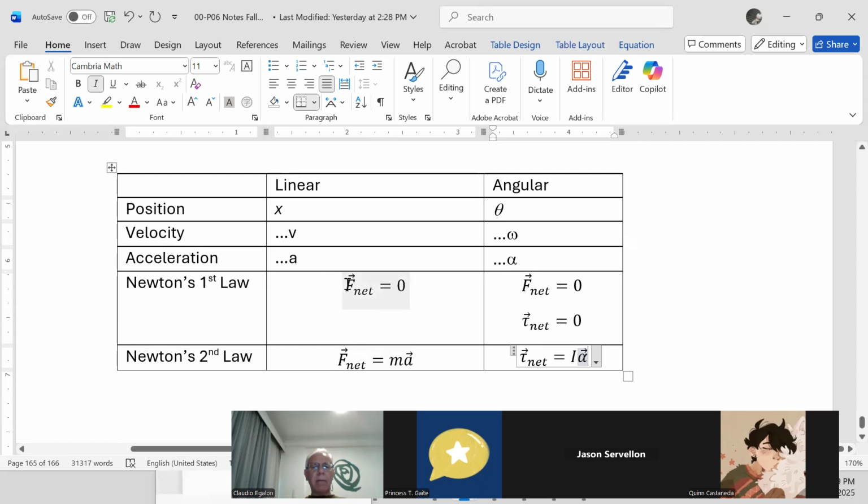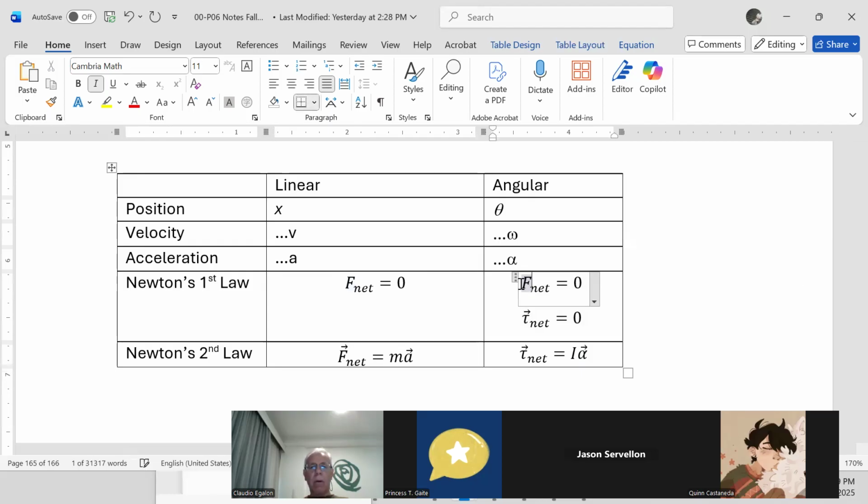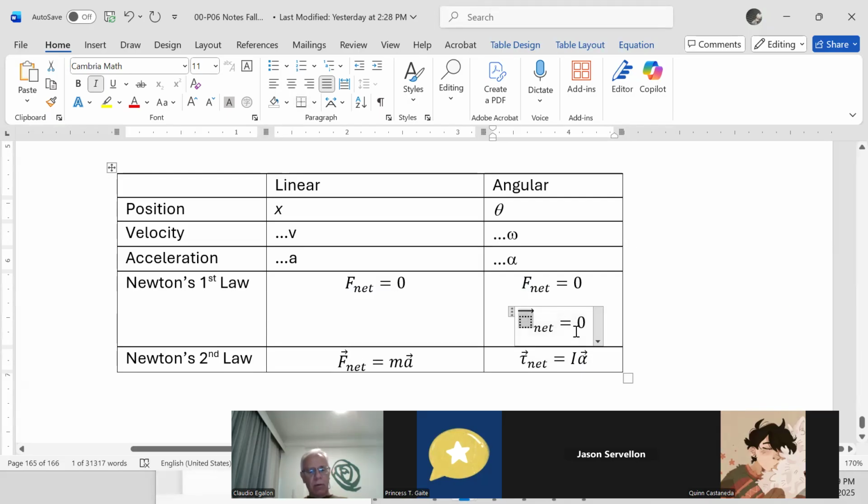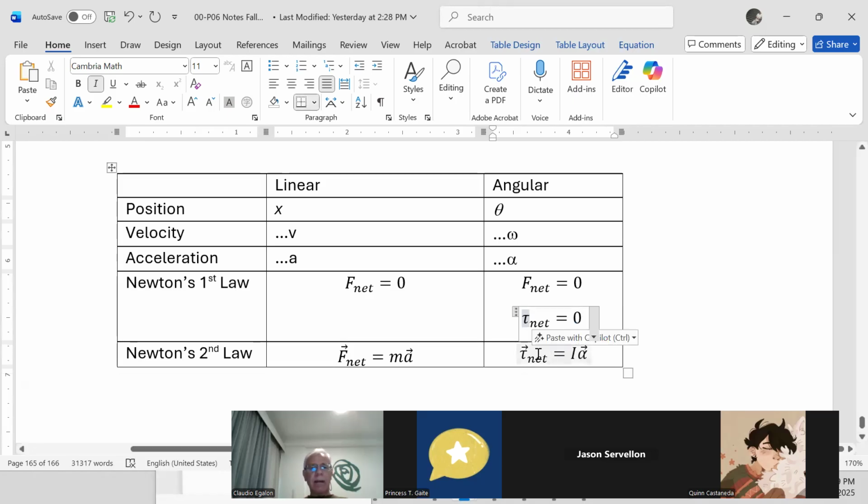But we don't need to use vectors, okay? Let's make it simple for you all. Keep everything scalar. But don't forget, strictly speaking, those quantities are vectorial.